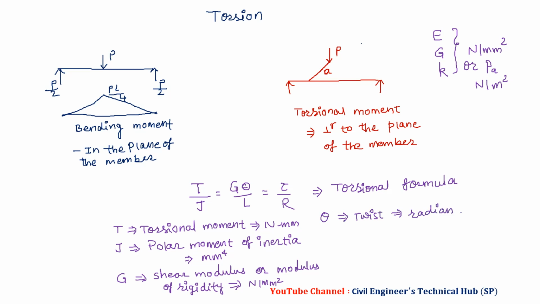How to convert radian into degrees? We multiply by 180 by pi for radian to degree, and for degree to radian, pi by 180. Then we have L, the length of the shaft, in meters or millimeters. Tau is the shear stress.